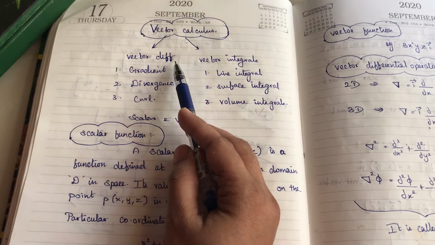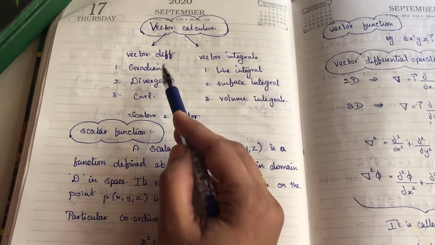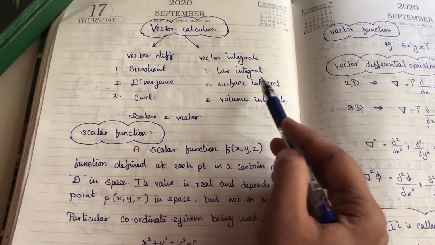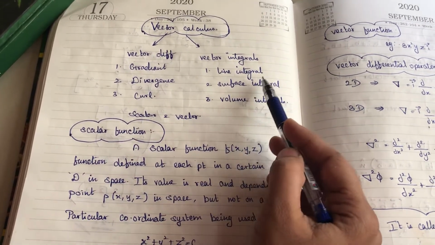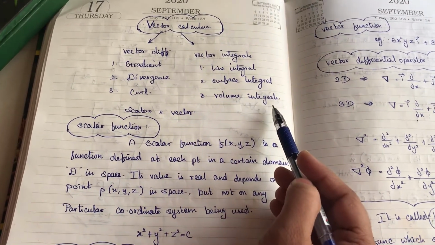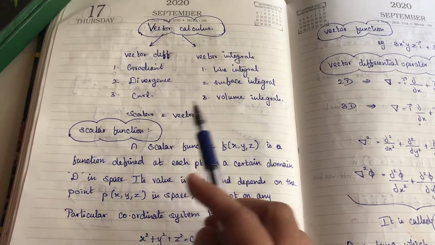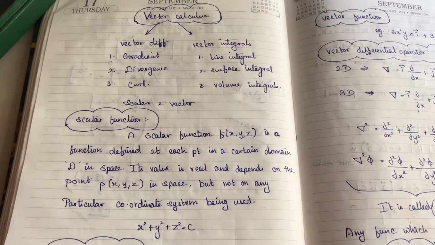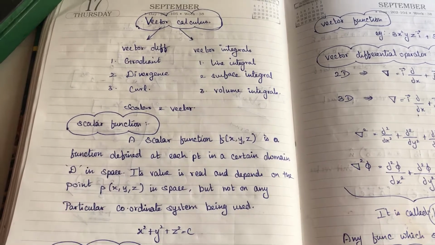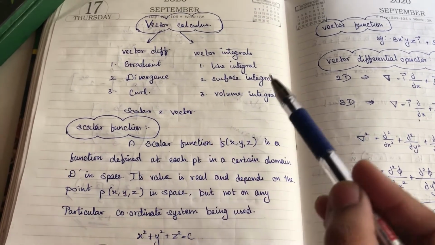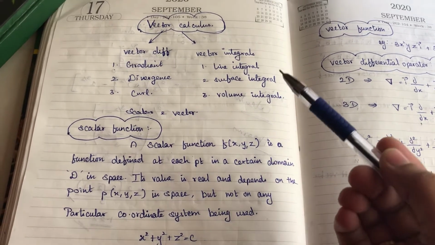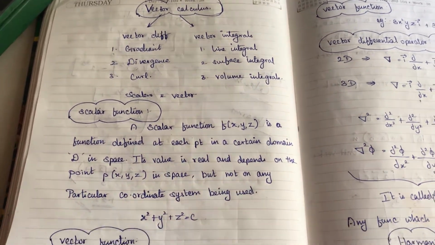Under differentiation, there are three topics: gradient, divergence, and curl. Under integration: line integration, surface integration, and volume integration. These six topics are very important, and there will definitely be sums from these topics. So vector calculus is just a simple topic, but it has more important sums. Okay, let's see that.